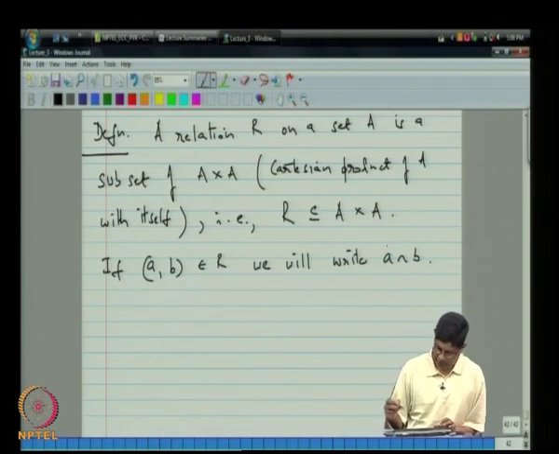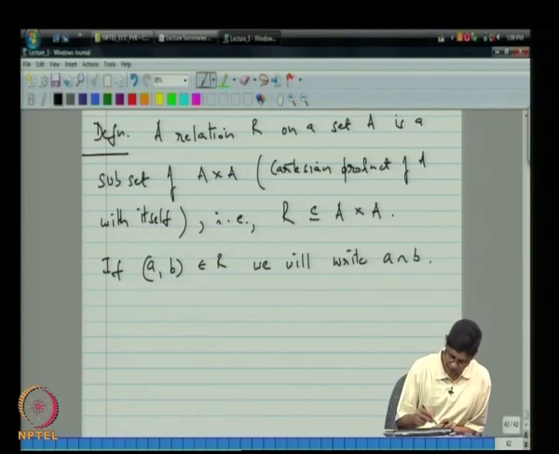Let me at the same time introduce some other notation.